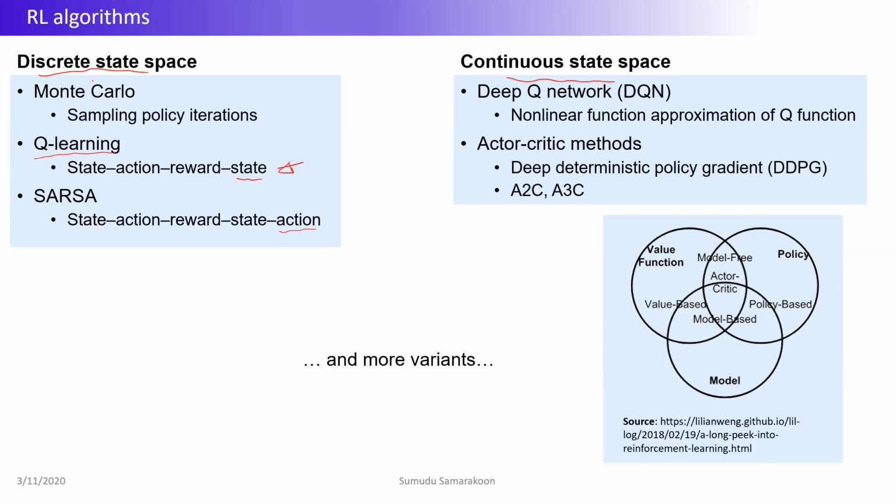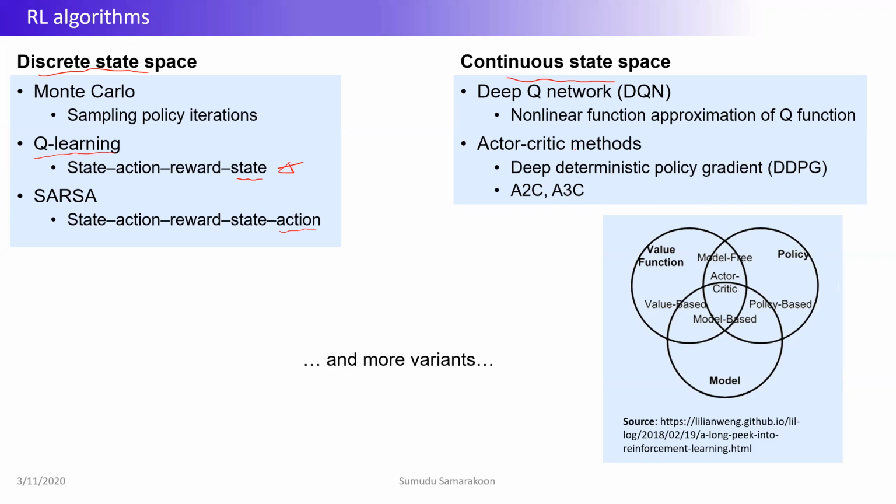Another option is the Monte Carlo simulation, where we do the sampling and policy iterations, and use the sampling mean. In continuous state spaces, the most popular one is the deep Q network. Here, the Q function is approximated via nonlinear functions. Then there are actor-critic methods: DDPG, A2C, A3C.